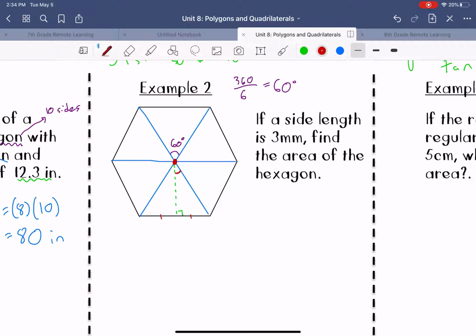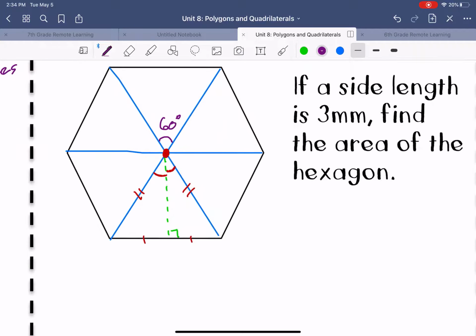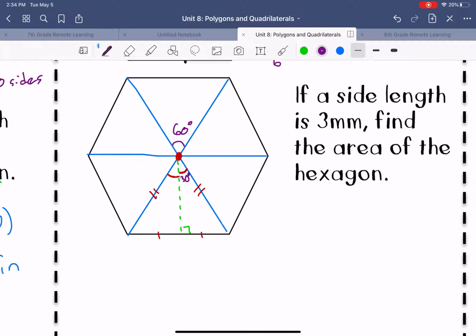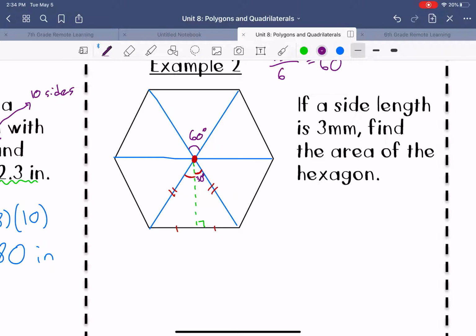And if we have a perpendicular bisector of an isosceles triangle, we know these are congruent, we know we have an isosceles triangle, and the apothem in green is a perpendicular bisector, so it is also an angle bisector. So we know these 2 angles are congruent, and that this angle right here is 30 degrees. So the apothem is always going to bisect the central angles.